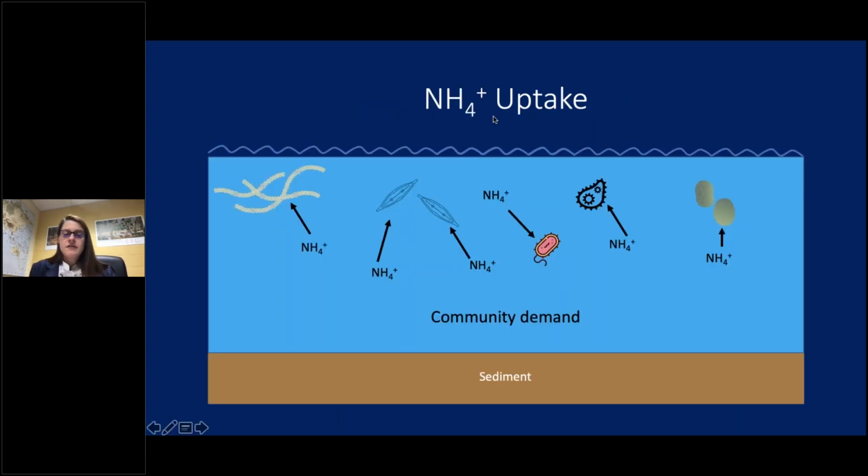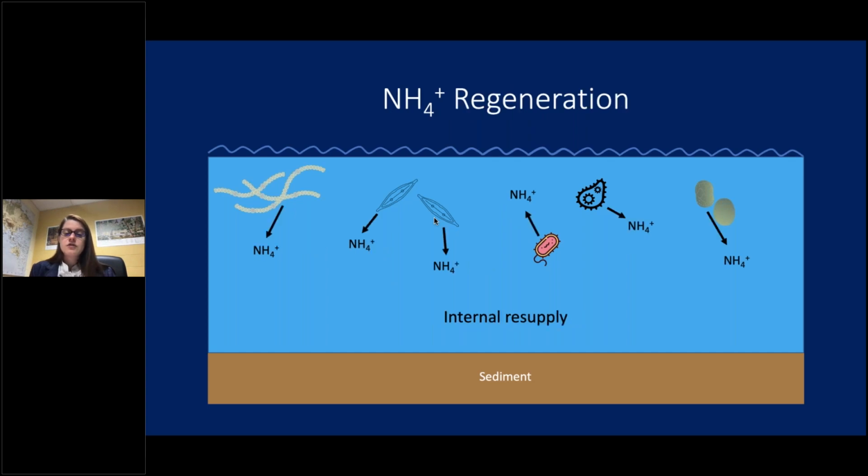And so if you think about uptake, then we're talking about uptake by everything in the system, everything from cyanobacteria to nitrifiers to any single-celled organism, really. And we think of that as a community demand: if you give them ammonium, how much can they take up? And then there's an internal resupply.